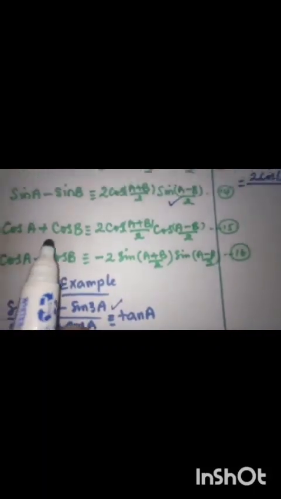Then looking at the denominator, we have cos 5A plus cos 3A, so we are looking at the 15th identity.